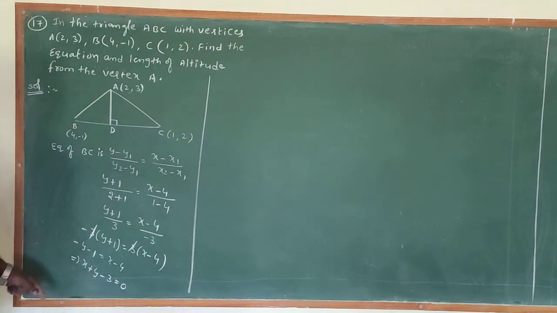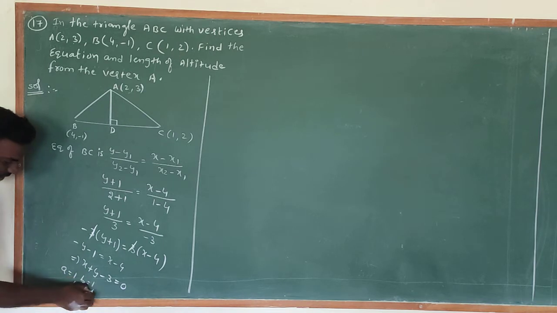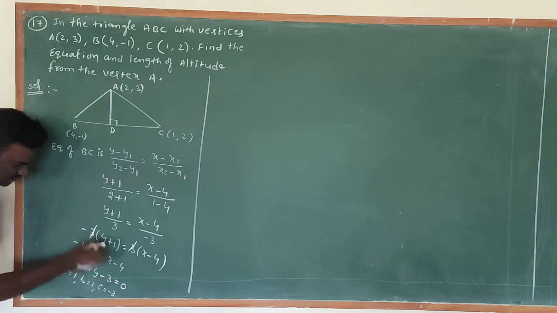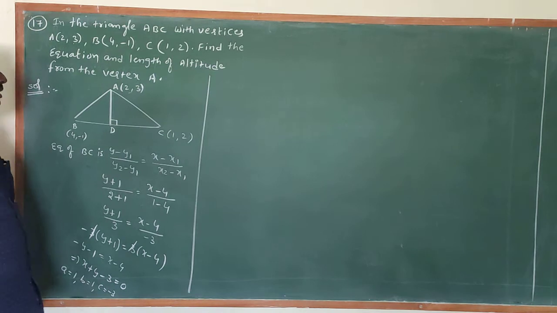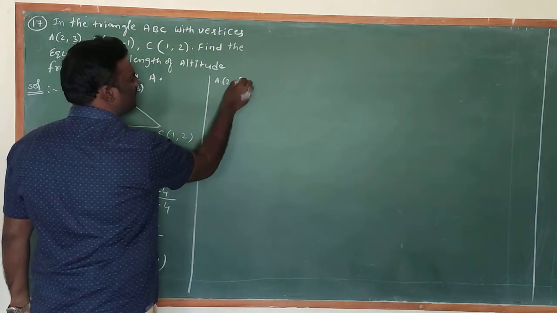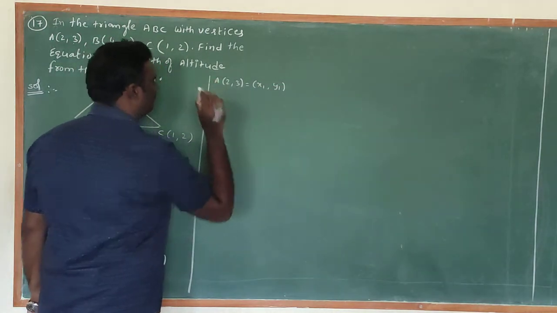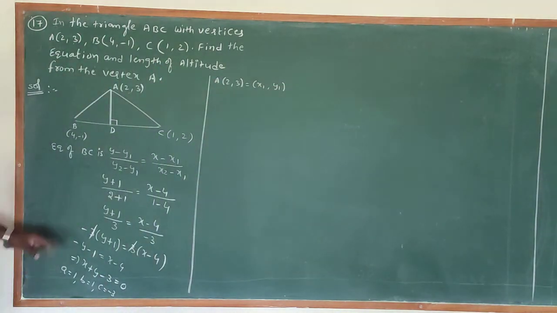Next. From this equation, we can write A value 1, B value 1, C value minus 3. A point is already given (2, 3). This is x1 y1. First we need to find the length of AD.